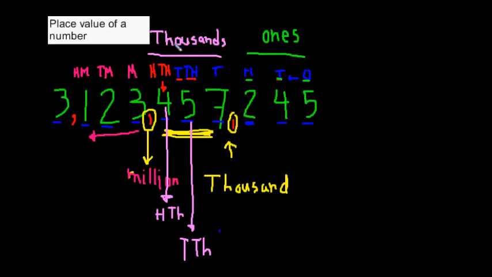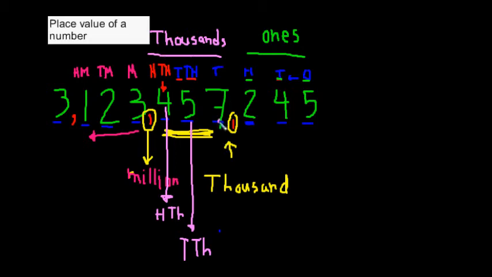That means 1,000. If you notice here, every set of numbers starts with the place value that is on top. First, we mention the place value in ones, and then the place value after the comma, that is 1,000 this time.